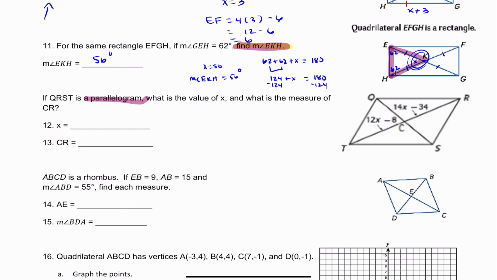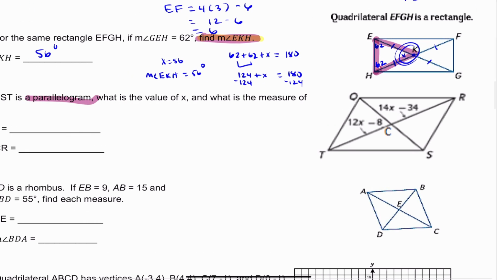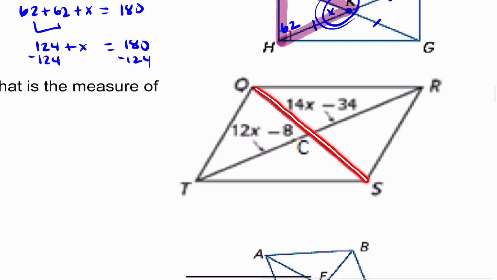One of the properties of a parallelogram is that the diagonals bisect each other, they create a midpoint. So that means that C is the midpoint of segment TR. And I like how this 12x minus 8 is pointing at what segment I am looking at. I know it's a little blurry, but hopefully this video clarifies everything.